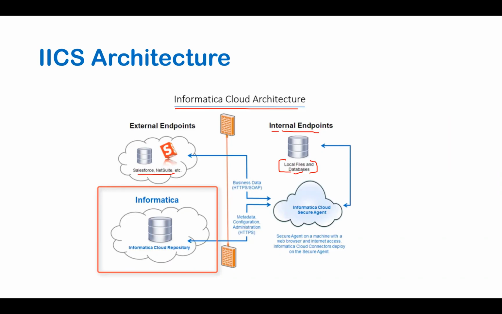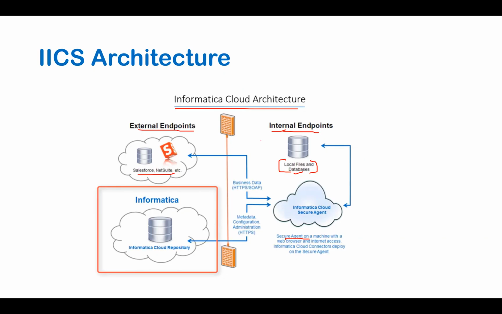See, this is our internal endpoint, which means our local databases and everything are there. We just install the Secure Agent, and the Secure Agent is responsible for the secure connection, the firewall and everything to these external endpoints.